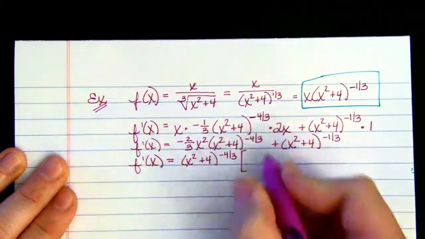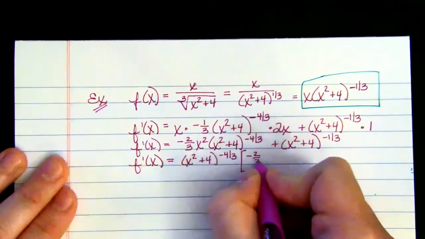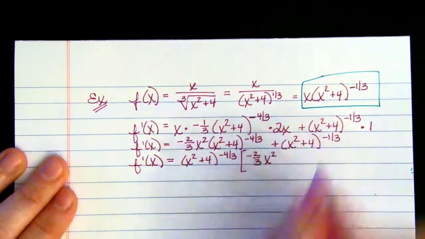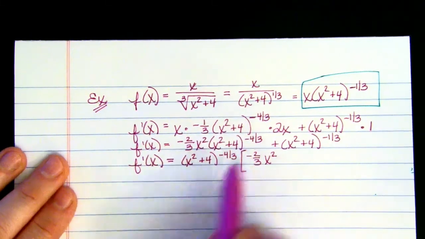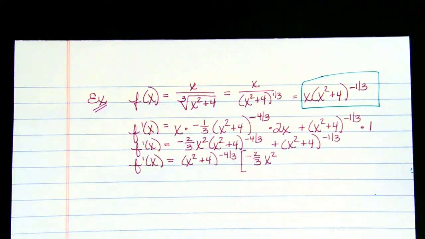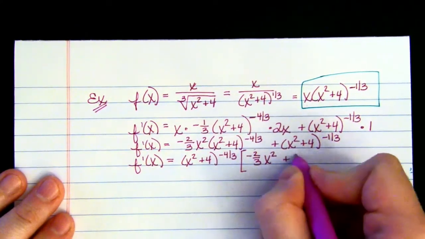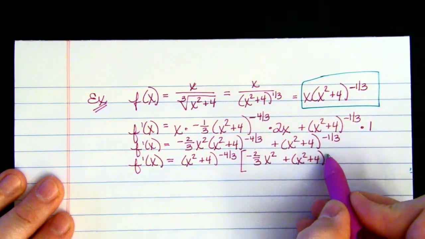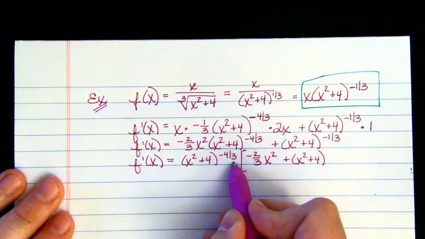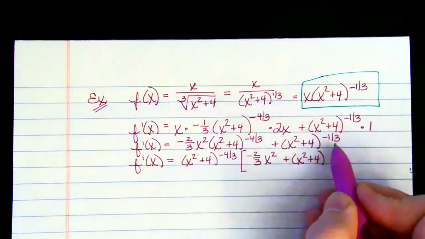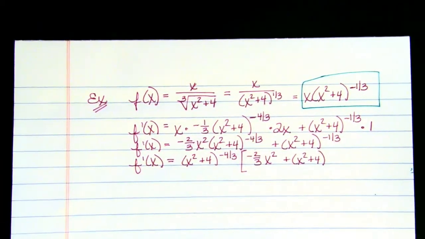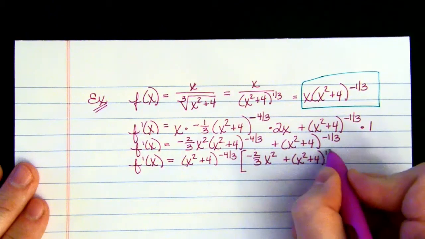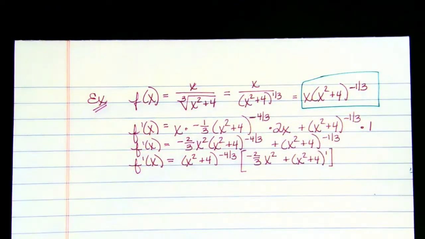I'm then left with negative 2/3 times x squared, the x squared plus 4 piece is totally gone there. Plus over here, I've got (x squared plus 4) to the, gotta figure out the power. Negative 4/3 plus what would give you negative 1/3? It's gonna be 1, just like it was in the last problem. And in fact, it's always gonna be 1 with these.